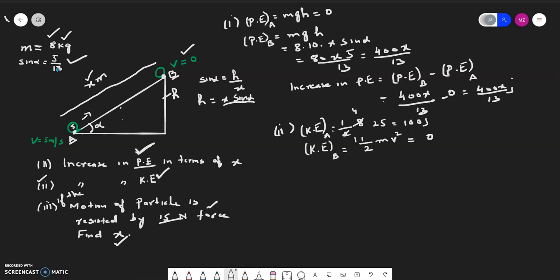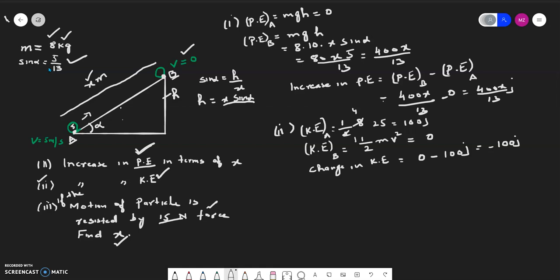Therefore the change in the kinetic energy, or the loss in the kinetic energy, will be the final kinetic energy at point B minus the kinetic energy at point A, which is 100 joules, and this will become minus 100 joules.